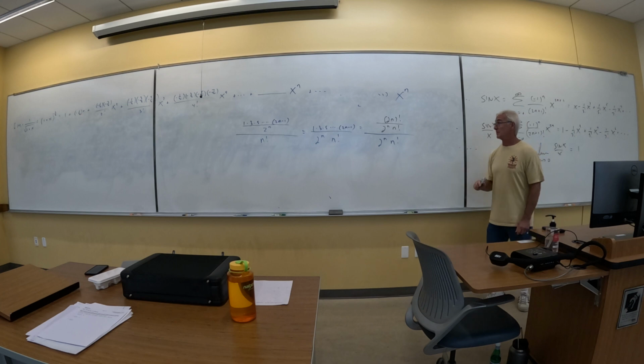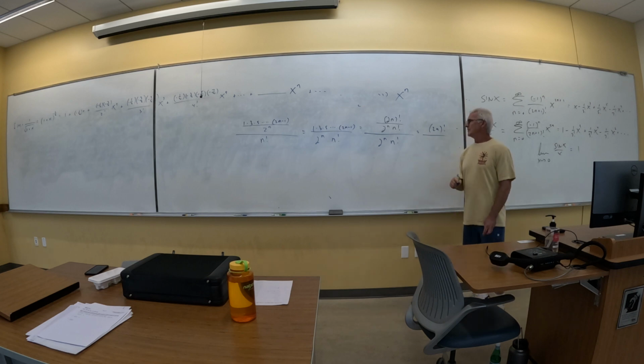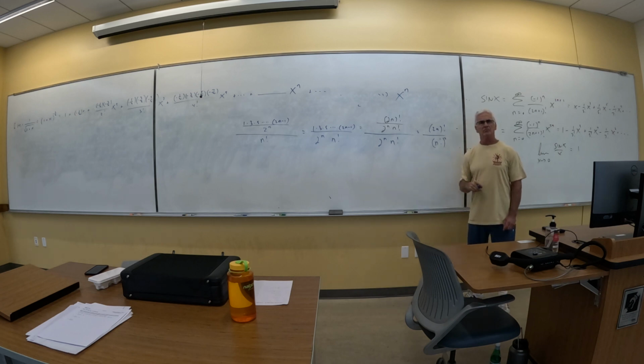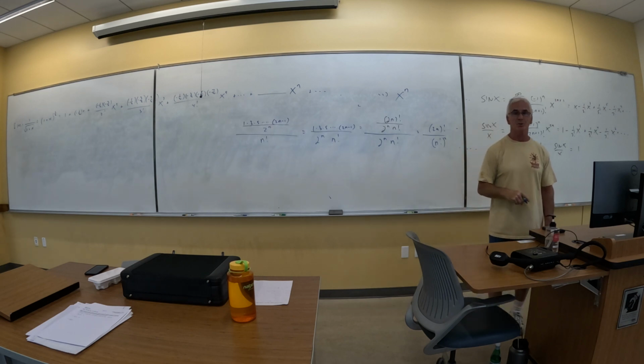A lot of stuff going on here. So now, well, how do you want to write the 2's? You have a choice. It's 2 to the n times 2 to the n. I can write that as 2 to the 2n.